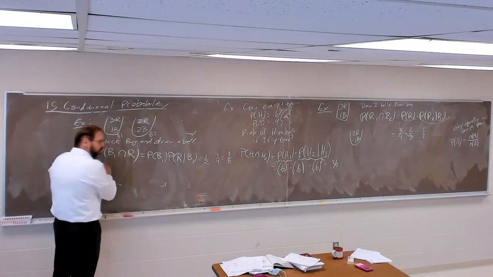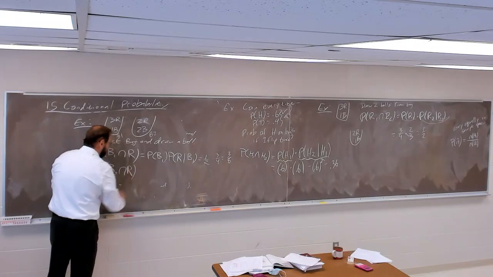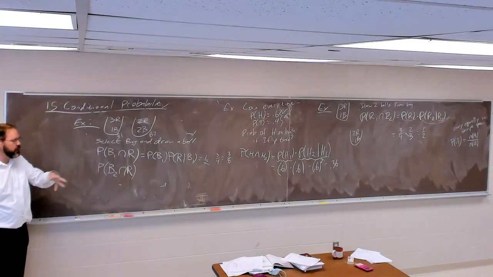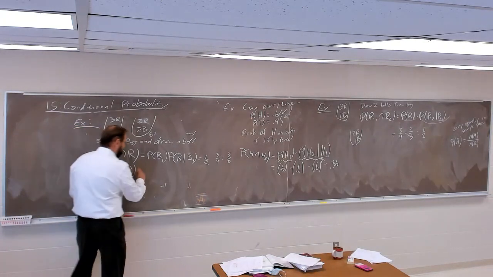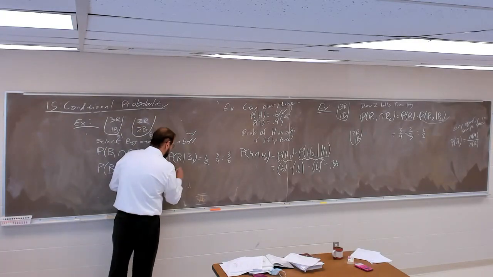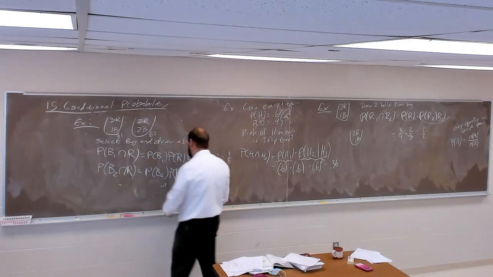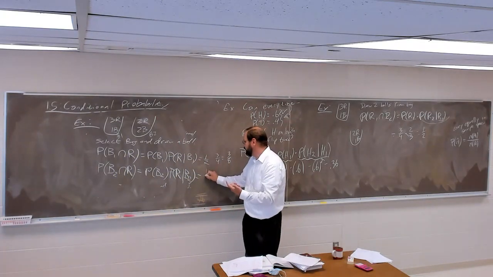Whereas I could ask the question, what's the probability I select bag 2 and a red ball? That would be the probability of bag 2, and then the probability that I would select a red, given that I selected bag 2. So again, the probability I select bag 2 was still 1/2.